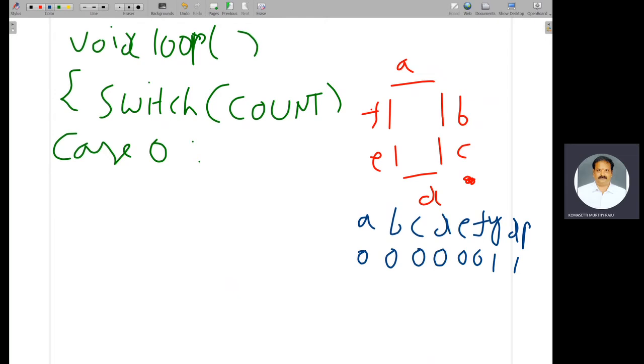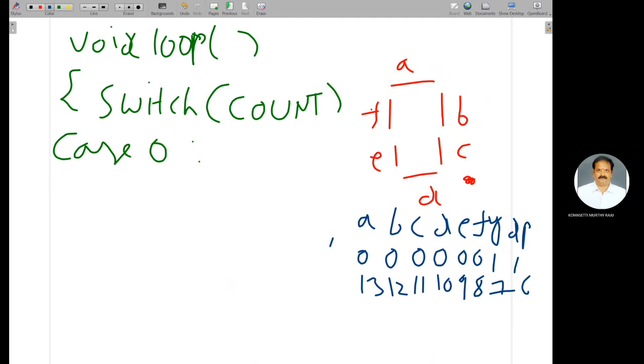For this case, the digital pins assigned to these segments are 13, 12, 11, 10, 9, 8, 7, and 6. For case 0, by using these conditions, we have to write some code.